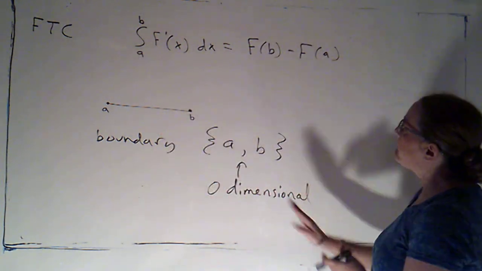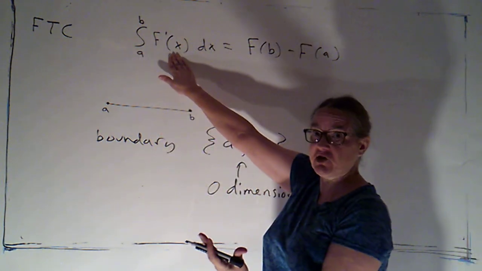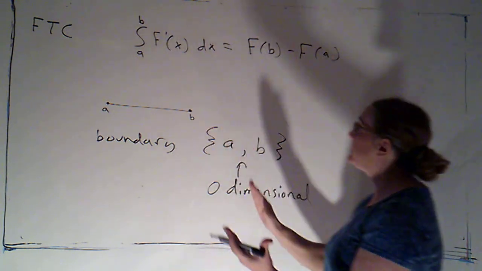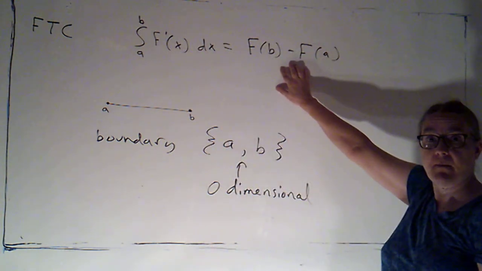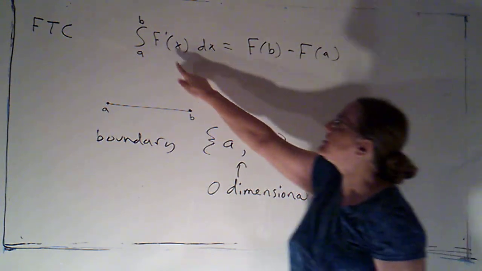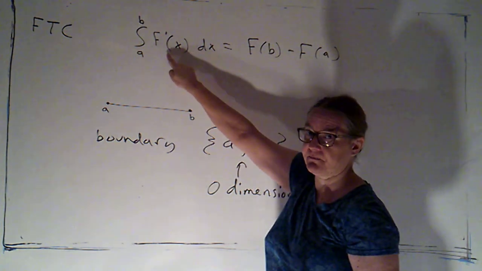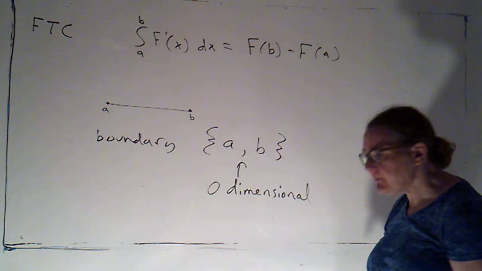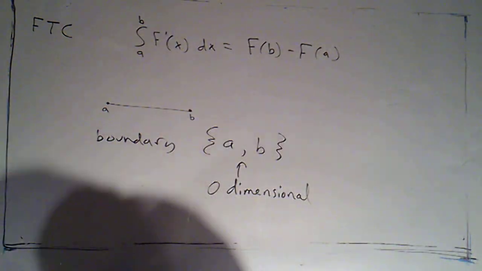And you'll notice the function that I work with on the region has a relationship to the function that I work with on the boundary of the region. It's a derivative.